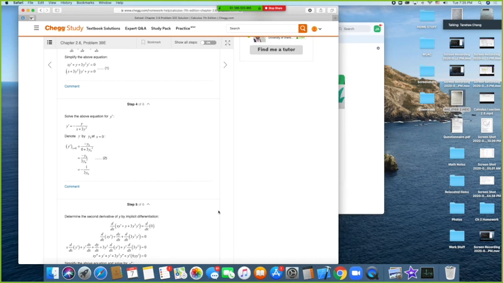Now notice that when they take the second derivative, they just basically take the derivative on that equation right there. It is okay to do it because they are using the implicit differentiation idea to take the derivative instead of solving for y prime first and then taking the derivative again. So that can be done.